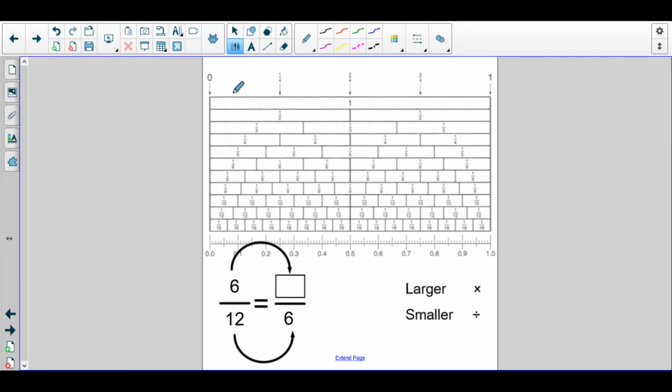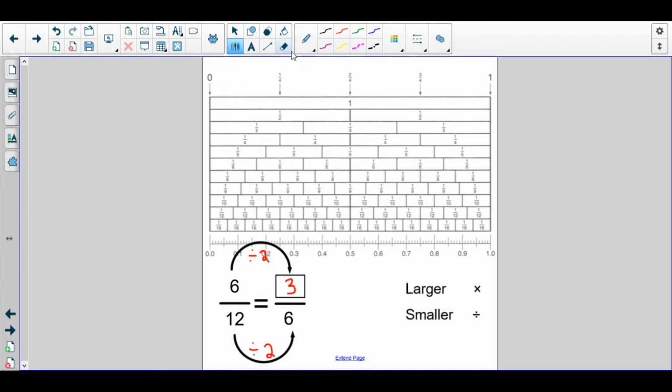So here I am from the 12 to the 6. I got smaller, so I need to divide. 12 divided by what number gives me 6? That's going to be 2. So I need to do the same thing up here. 6 divided by 2 gives me 3.